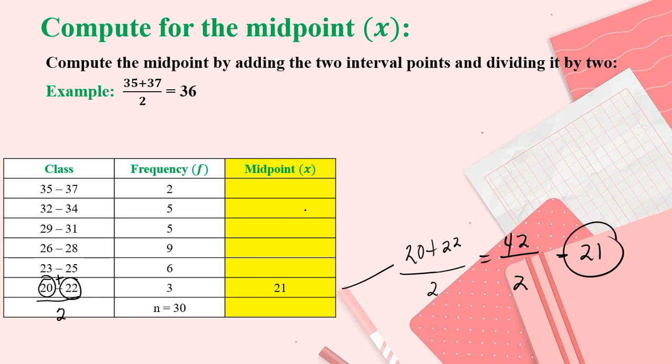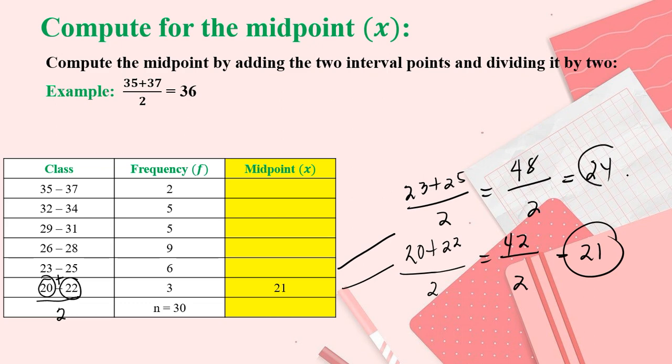For 5th class naman, that is 23 plus 25 divided by 2. We have 48. So 48 divided by 2, we have 24. And that will be your midpoint in 5th class.